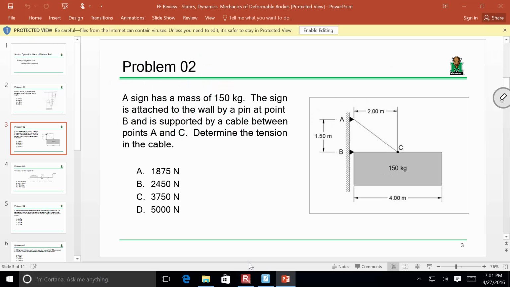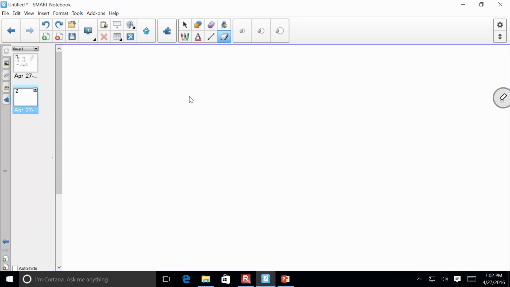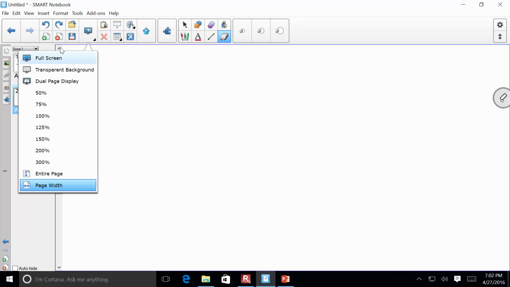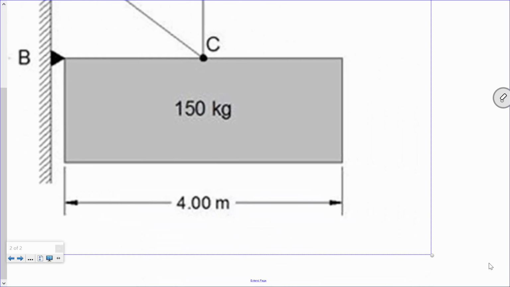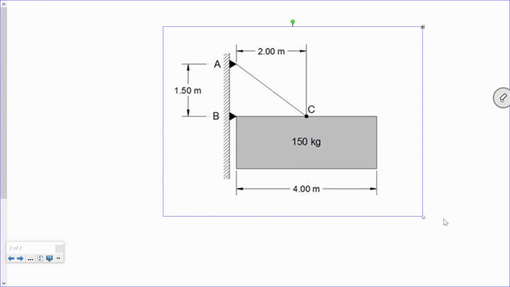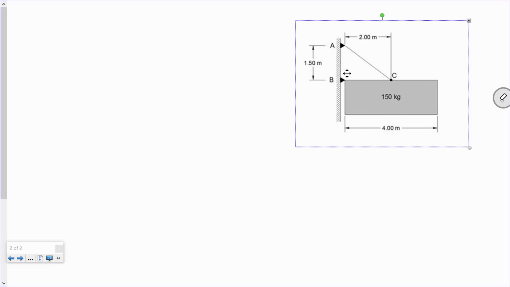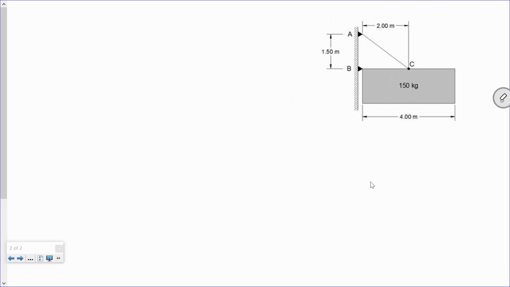All right. Okay. So before we do anything, let me compute the weight of this sign. So it's the mass times the gravity.